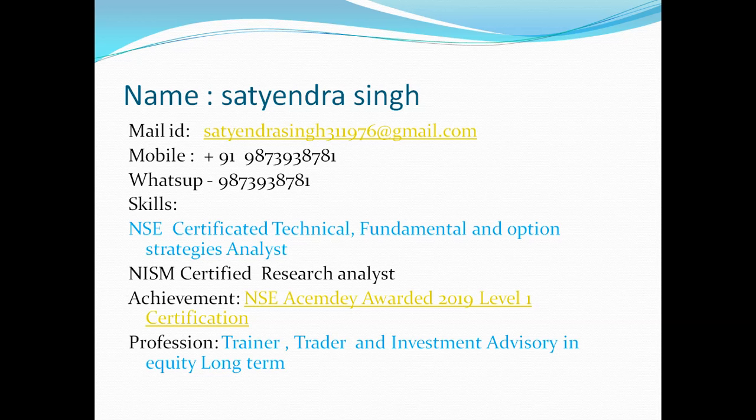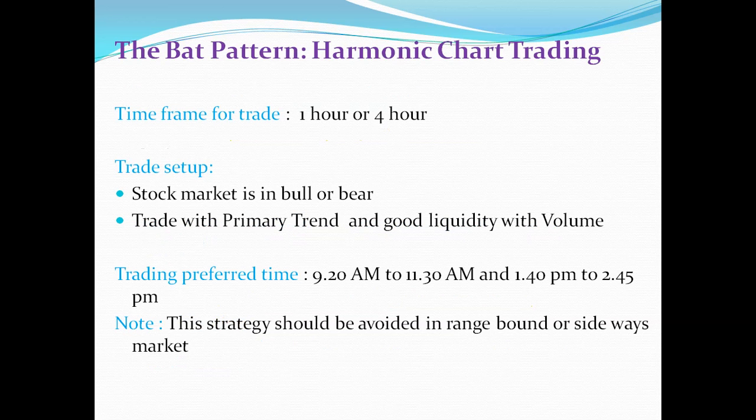So let's go ahead with the bat pattern. The bat pattern is a similar kind of harmonic pattern. The time frames used for this trade setup are 1 hour and 4 hour. Once the stock market is bull or bear, trade with the primary trend.